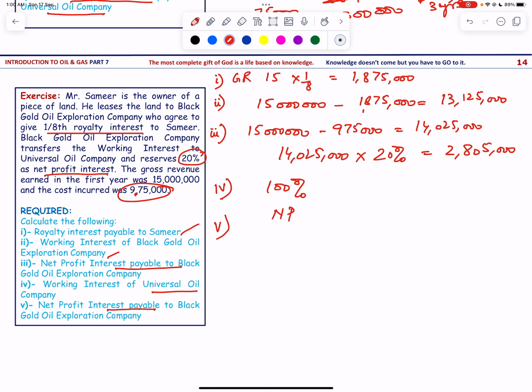Net profit is 14,025,000, and from this we are going to subtract the net profit interest payable to Black Gold Oil Corporation, that is 2,805,000. So this will be equal to 11,220,000. Okay. So this completes our explanation on exploration of minerals interest.